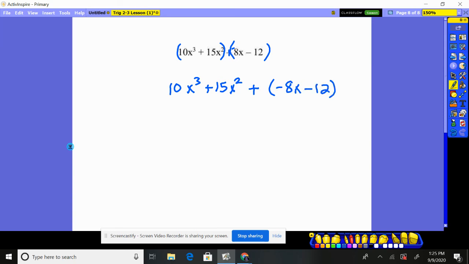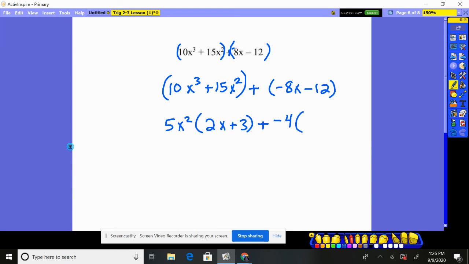Okay, so now I'm going to group, and now I factor out. 10 and 15 has a 5x squared, left behind with 2x plus 3, plus, now here, remember, since we had to change that subtraction to a plus negative, we're going to want to factor out a negative piece here. 8 and 12, a 4 is the largest, so we'll factor out a negative 4.